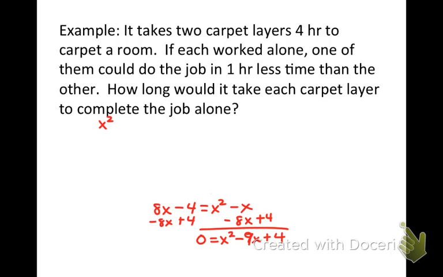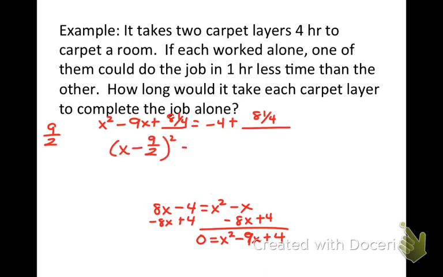So it'll be x squared minus 9x plus blank equals negative 4 plus blank. 9/2 squared is 81 over 4. x minus 9/2 squared equals minus 4, 16, 81 minus 16, 65 fourths.